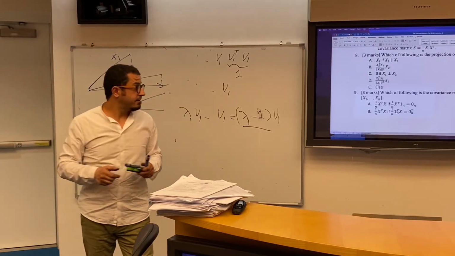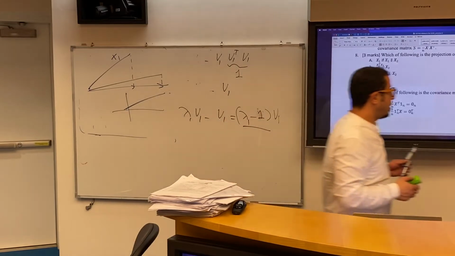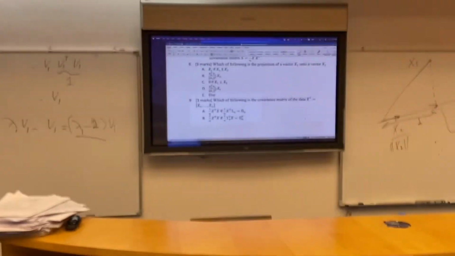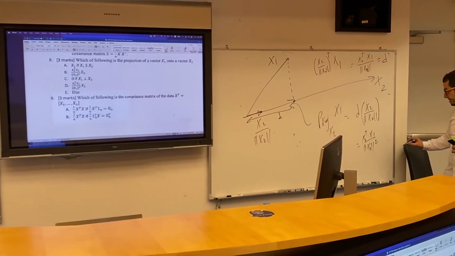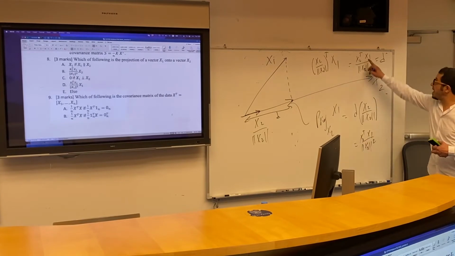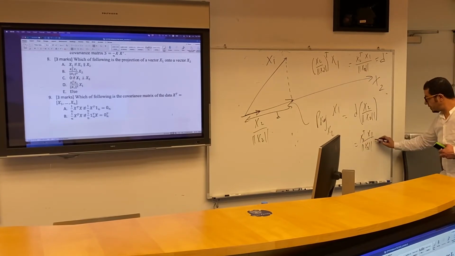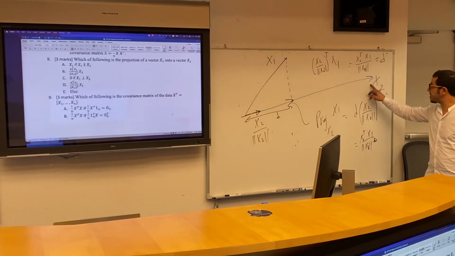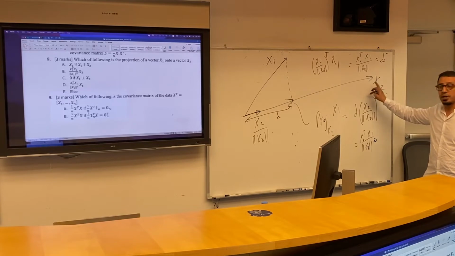Should we multiply by x2? We multiply by x2, where? In the denominator, we will have the square. In the last one, yes. Do you agree or not? The last one, in the denominator, x2 transpose x1 over x2, power 2. Yes, x2, because x2 is the one we project on. This is a unit vector.